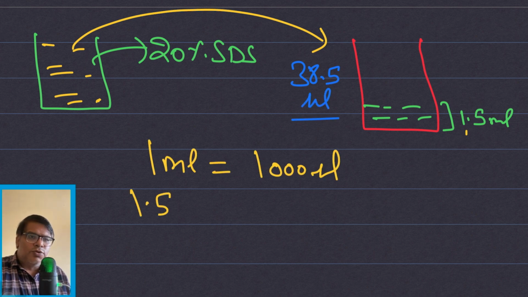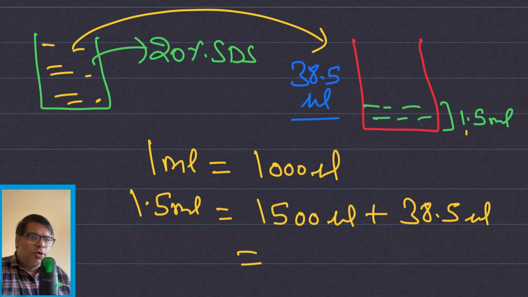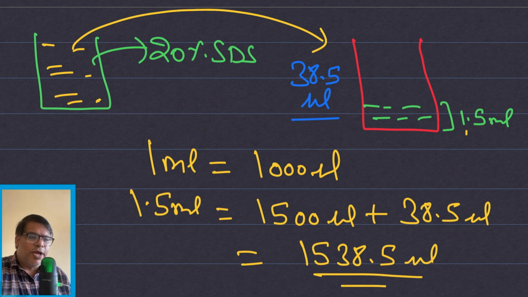1 ml has 1000 microliters, and the final volume of your working solution will be 1.5 ml plus 38.5 microliters. So 1.5 ml is 1500 microliters plus 38.5 microliters, and if you solve this, your final volume will be 1538.5 microliters.